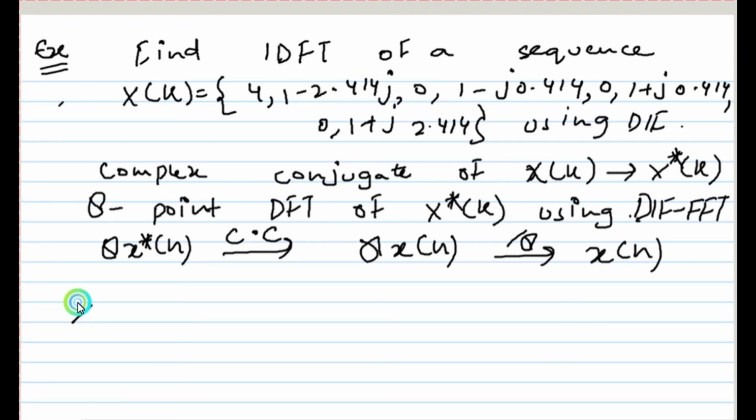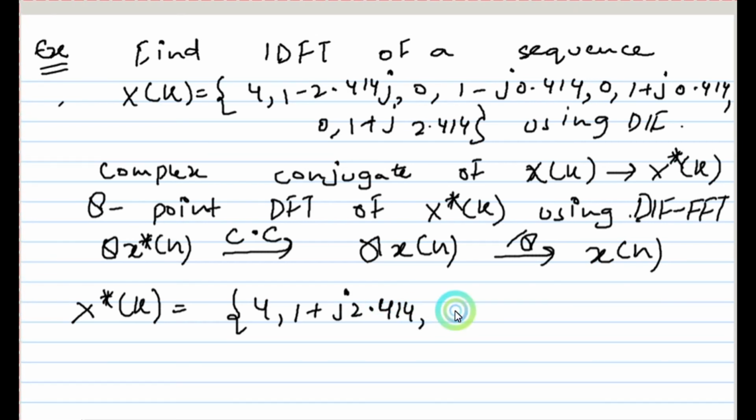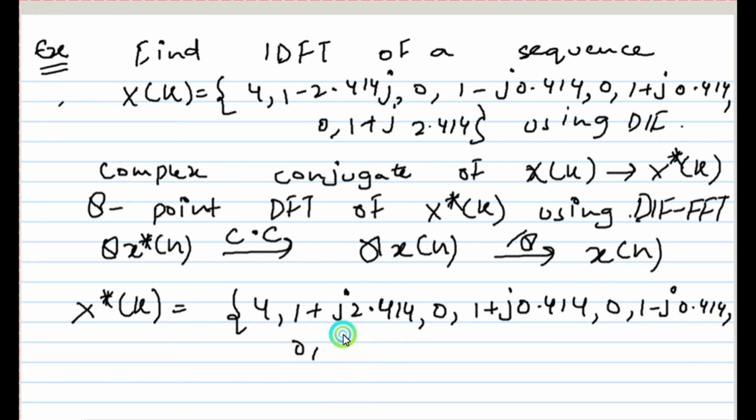So x conjugate k will be equivalent to 4 comma 1 plus j 2.414, then again 0, then 1 plus j 0.414, where minus is converted into plus j, comma 0 comma 1 minus j 0.414, comma 0 comma 1 minus j 2.414.